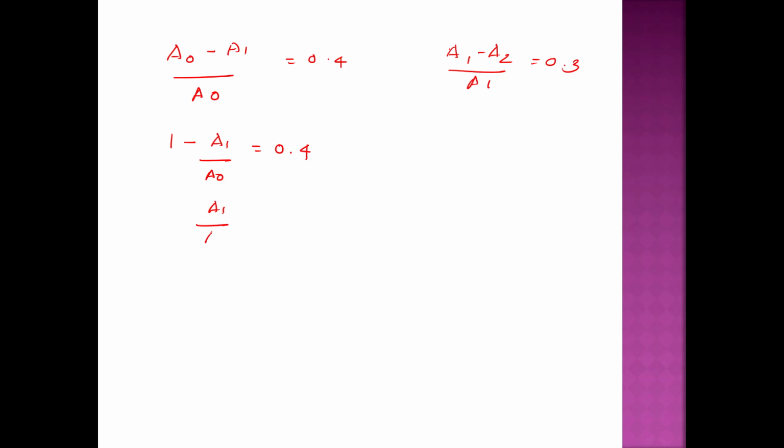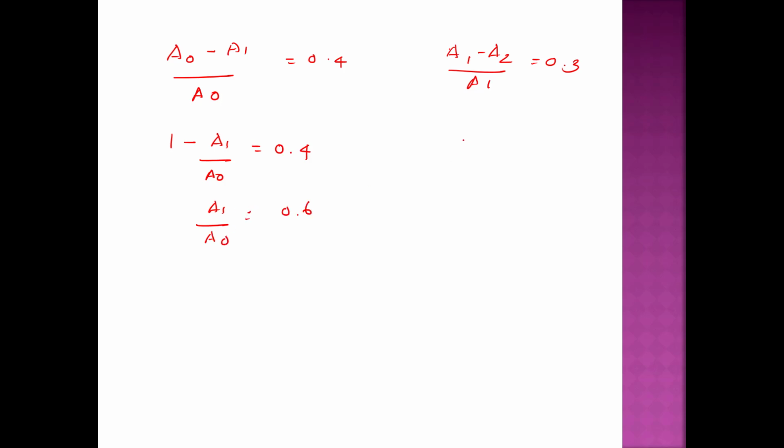So for the first stage, A0 minus A1 divided by A0 is equal to 0.4, and the second stage is equal to 0.3. This can be written as 1 minus A1 divided by A0 equal to 0.4, so A1 by A0 is equal to 0.6.